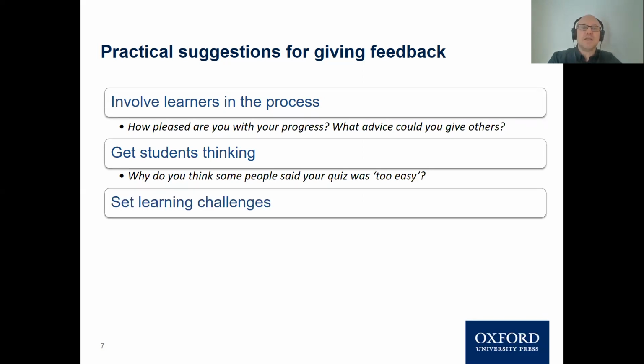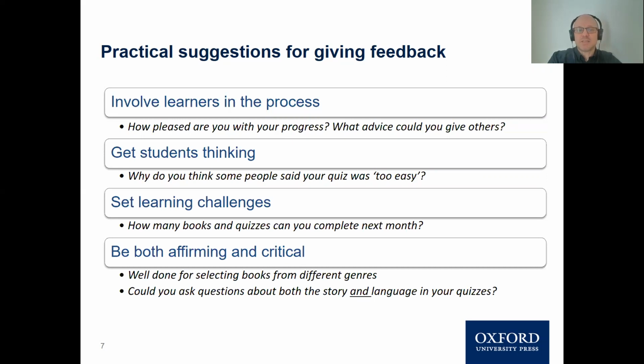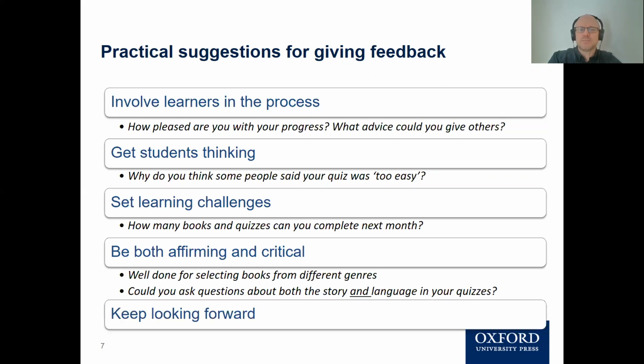To set learning challenges, you could ask a question such as this: "How many books and quizzes can you complete next month?" To be both affirming and critical, you could say things such as, "Well done for selecting books from different genres," and "Could you ask questions about both the story and the language in your quizzes?" And to keep looking forward, you could ask, "What kind of book are you going to read next?